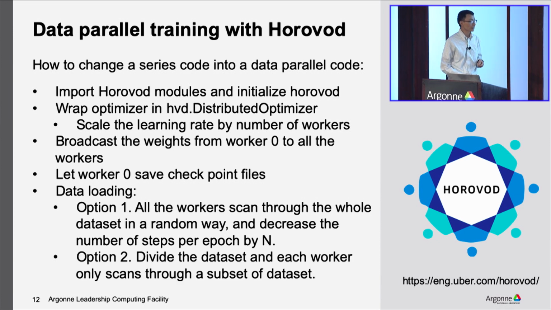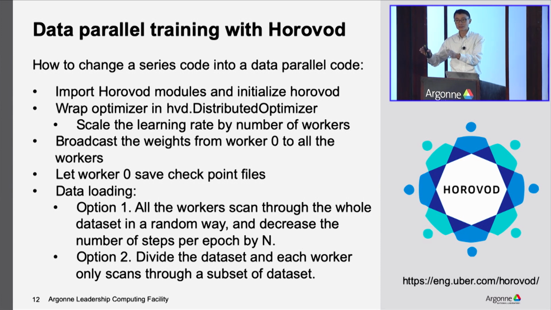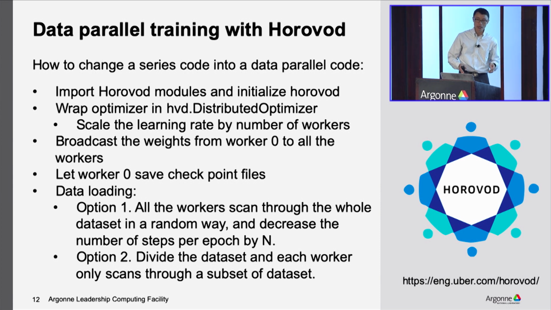The second option is that we manually divide the data set. So we make sure that worker 0 samples data from this subset, and worker 1 samples data from the other part of the data set, so that they won't have any overlap.